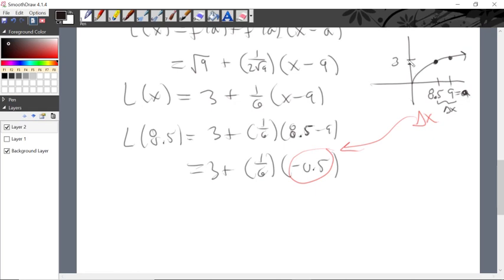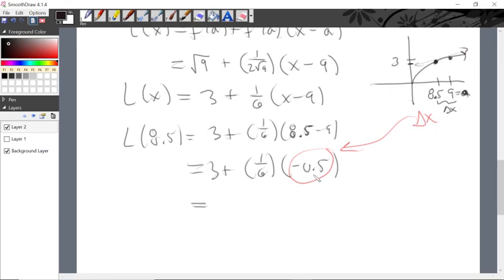We can see that that is below 3, first of all. But we're going to be using the tangent line, the same tangent line we used just up above. So the value off of the tangent line is our approximation for the actual value off of the function.